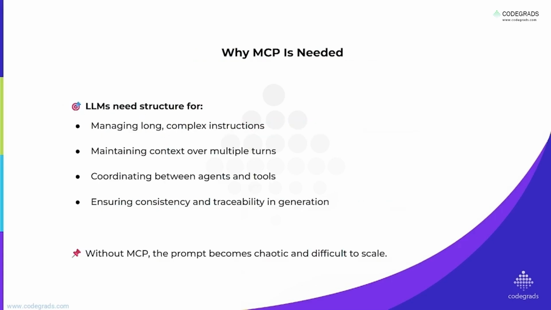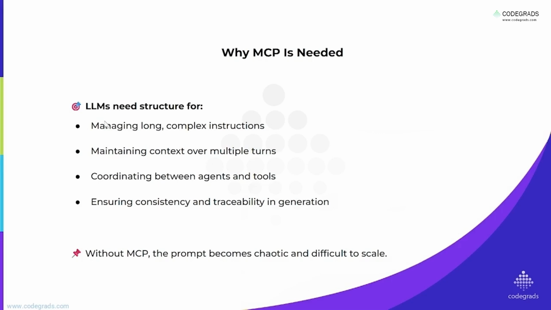Moving on, now why is it needed? LLMs need structure for managing long and complex instructions, maintaining context over multiple turns, coordinating between agents and tools, and ensuring consistency and traceability in generation. Whenever we consider the LLM, the large language model, they struggle with long conversations.